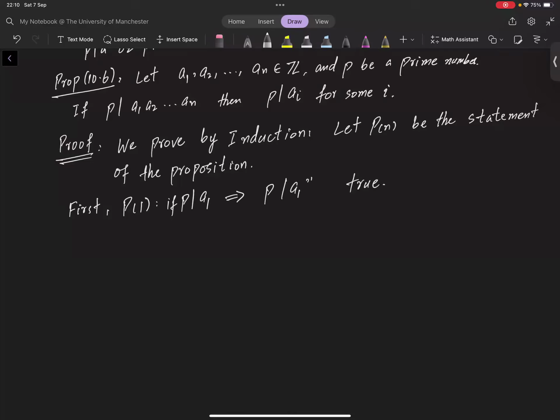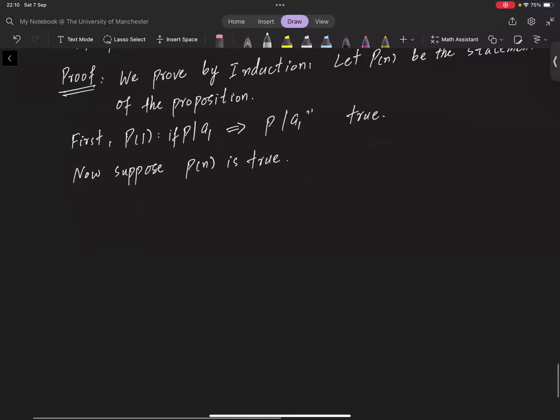Now suppose P of n is true, which means, let we have n plus 1 integers with the condition that P divides their product.